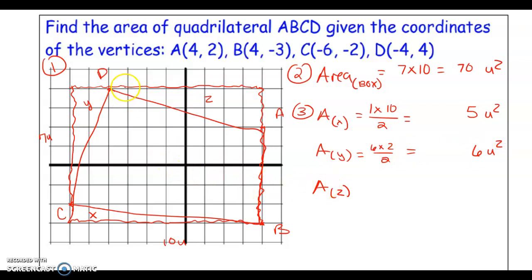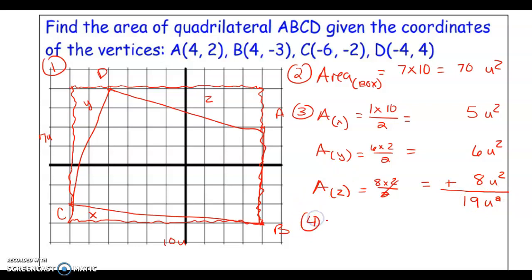When I look at Z, when I count Z, 1, 2, 3, 4, 5, 6, 7, 8, and 2. These cancel just like up above, and I have 8 units squared. And when I think about these, I have 6 plus 8 is 14, 15, 16, 17, 18, 19. The total is 19 units squared that I'm going to subtract out.